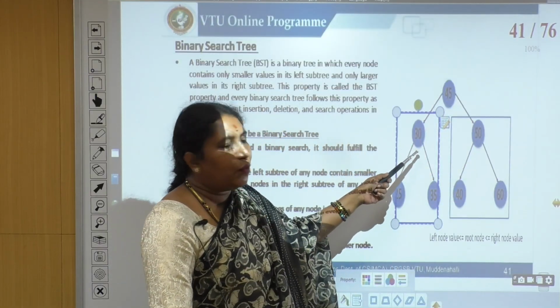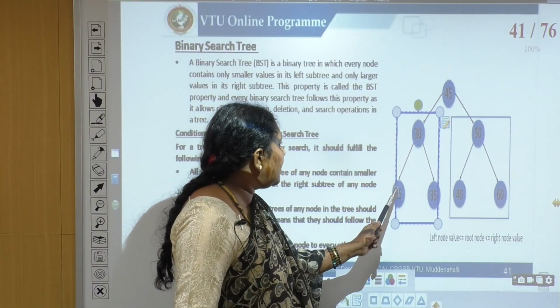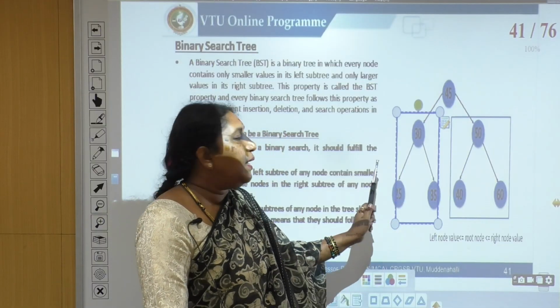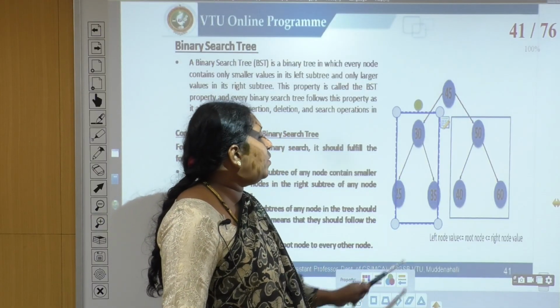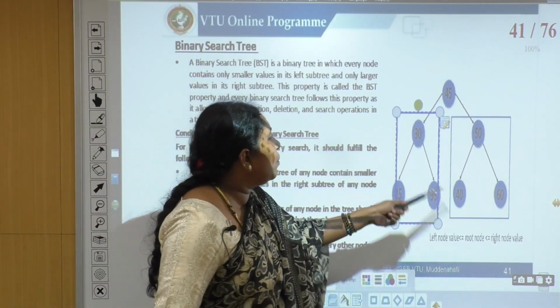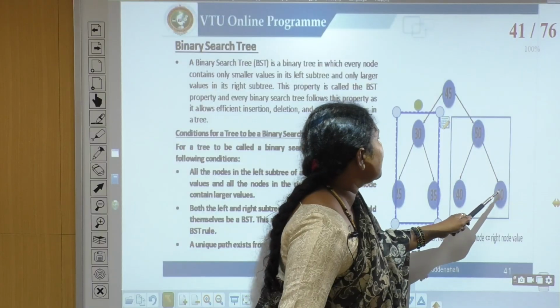Again, this is the root node of a subtree, and 30 is greater than 25. The left node should always be lesser when compared to the root node, and the right node should always be greater than the root node. Even here, 50 is greater than 40 and 50 is less than 60.